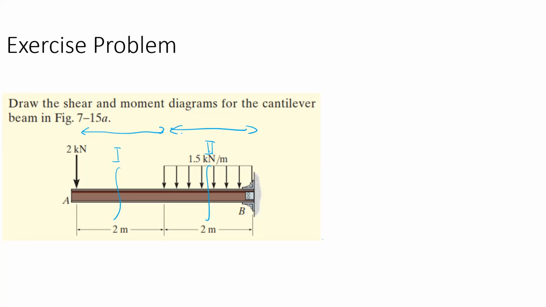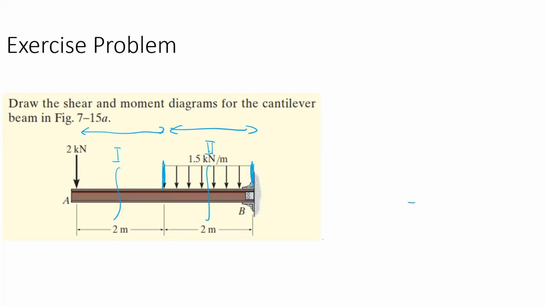In the first section, between the concentrated force 2 kilonewton and the starting point of the distributed force, there is no force and moment at all, so it must be continuous there. And the second region starts from the starting point of the distributed force until the end point of the distributed force.